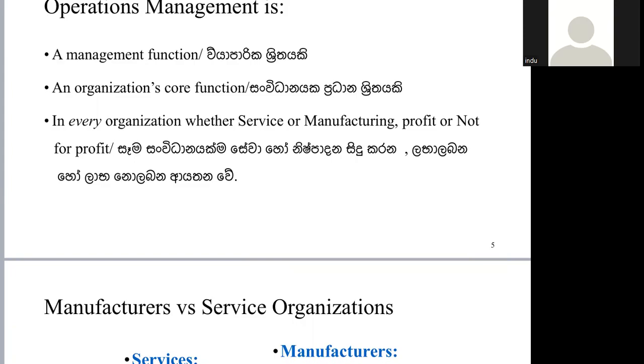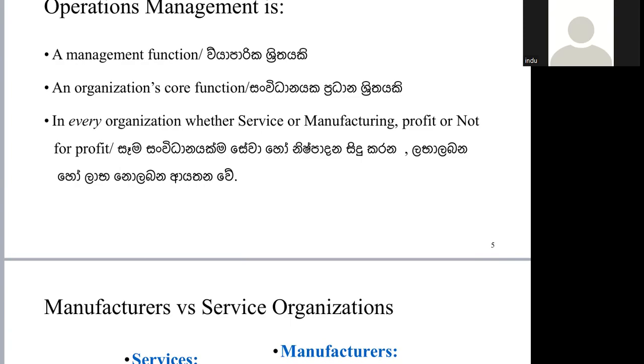Finance is the function responsible for managing cash flow, current assets, and capital investment. The marketing department is responsible for sales, generating customer demand, and understanding customer wants and needs.